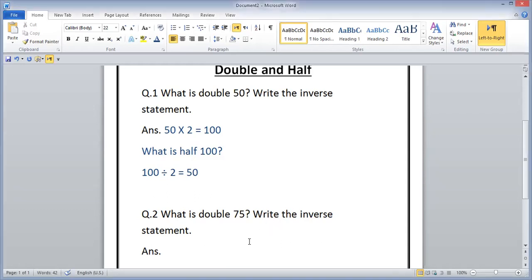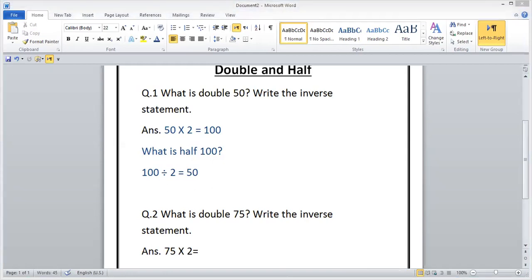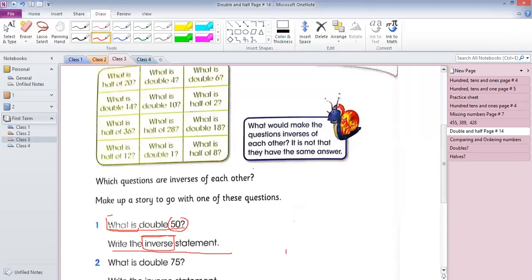So guys, in order to find out the double of 75, what you will do? You will multiply 75 by 2. For that you need to do multiplication, so I will change the screen. Look here. This is 75. You will write 75, then multiply it by 2.